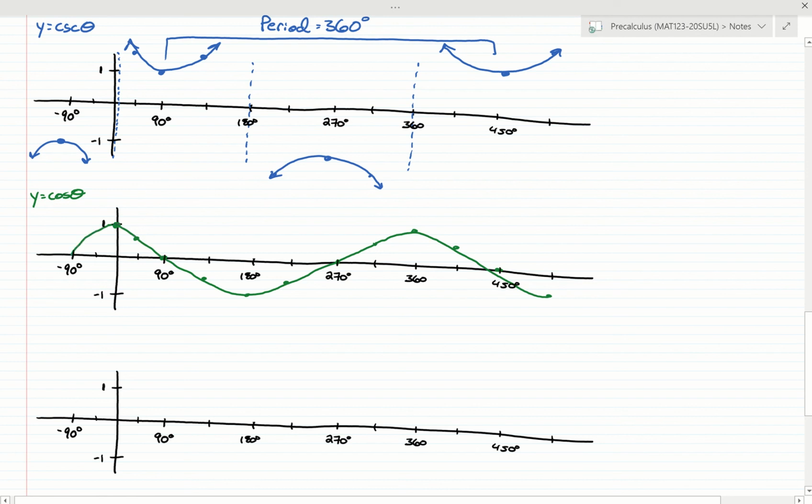It's a wave, just like the graph of sine was. Cosecant was an alternating parabola kind of graph. And you could see that our period repeats every 360 degrees, and our amplitude from the top to the middle. Because it's a wave, it has an amplitude. The amplitude is 1.